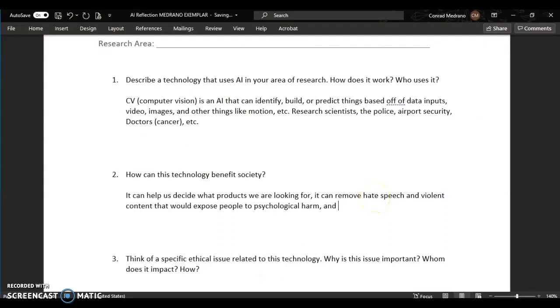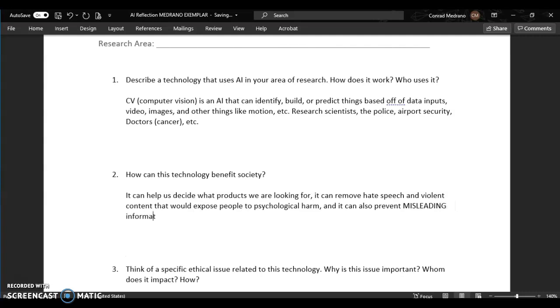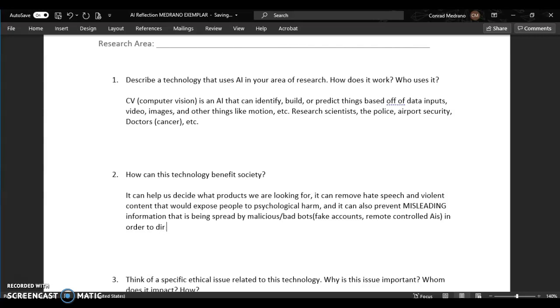So remove hate speech, violent content, and it can also prevent misleading information that is being spread by malicious, bad bots. And these are just fake accounts, like remote controlled AIs, so to speak. Okay, so there we go. In order to disrupt elections.